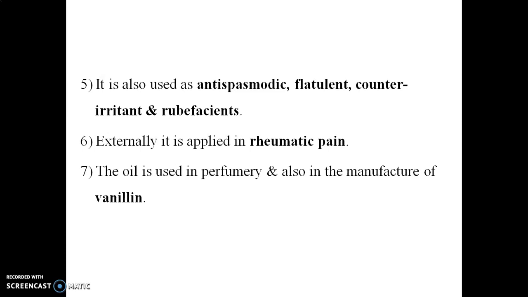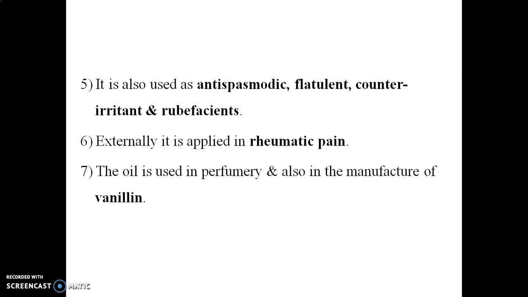Then it is also used as an antispasmodic, used to cure spasms. Then flatulent, to remove gases. Then counter irritant, which is related to relieving pains. And rubefacient means it is also used for relieving pains, where the preparation is generally rubbed on the skin surfaces.